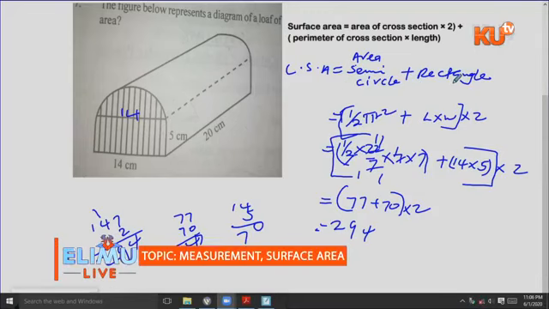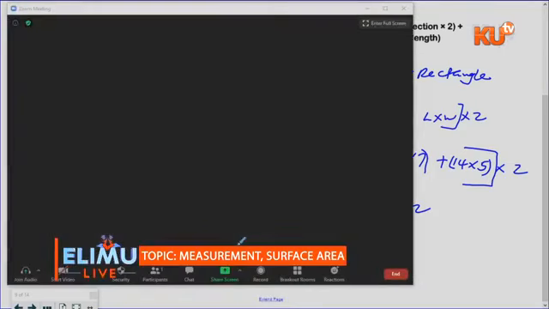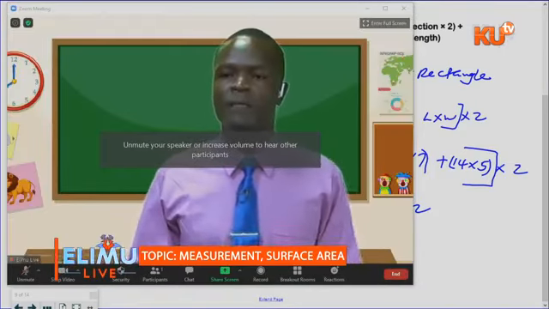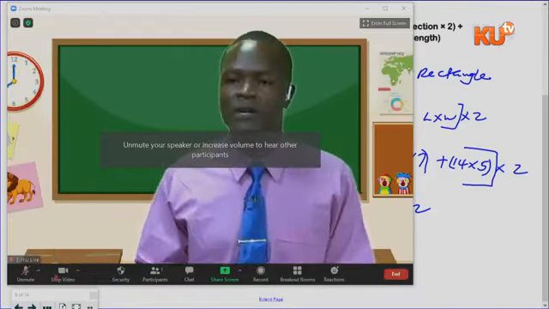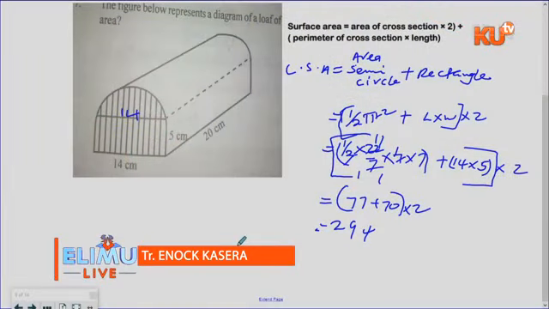So I want us to move to the next part, which is finding the perimeter of the cross section, because according to the formula we have the cross section area times 2, and then the cross section area times 2 plus the perimeter of the cross section times length.